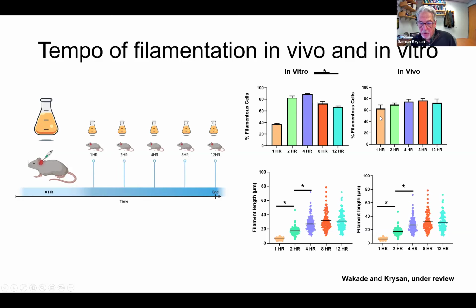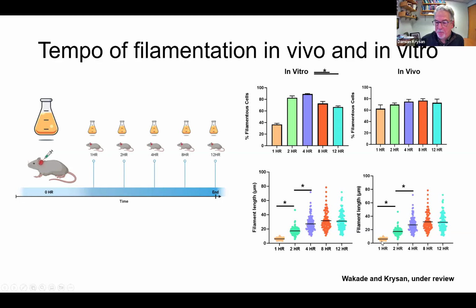When we look in vivo, we see almost immediate, within the time course that we're looking at, within an hour, a very strong filamentation. And that filamentation, pretty much the percentage doesn't change over the next 12 hours, in contrast to the in vitro conditions. As you might imagine, we can also directly measure filament length in this assay, and the filament lengths slowly increase to a maximum and then stay at this peak through the rest of the time course.